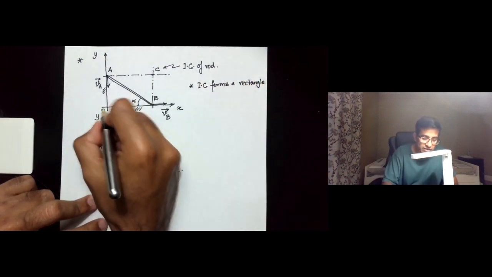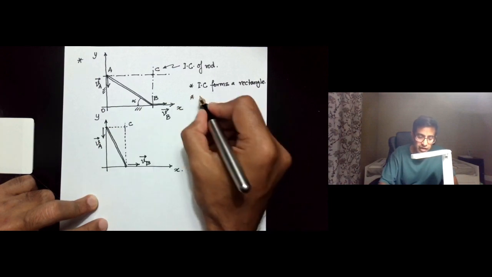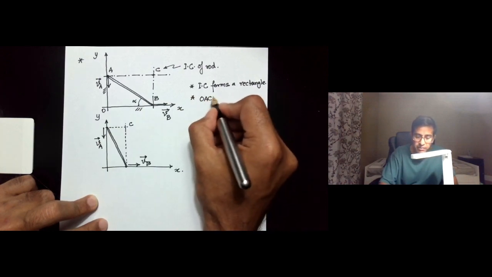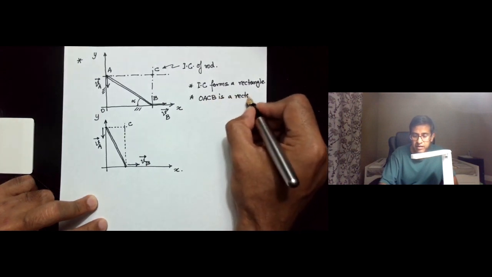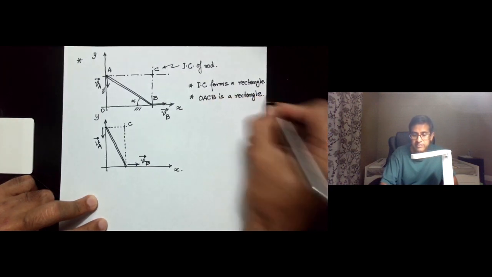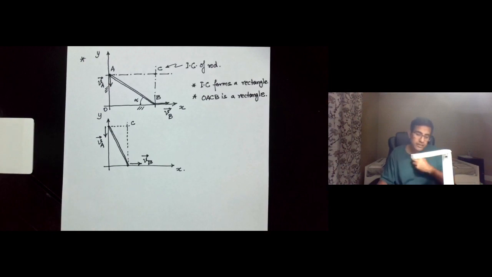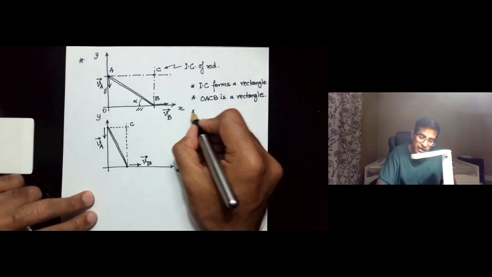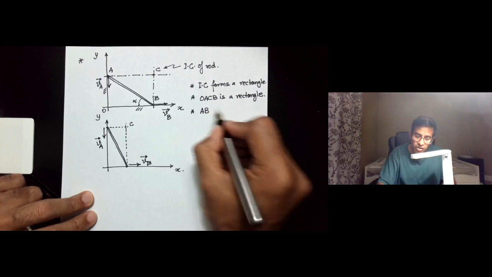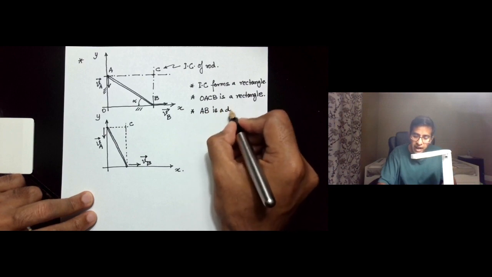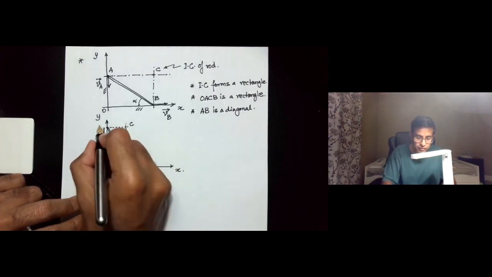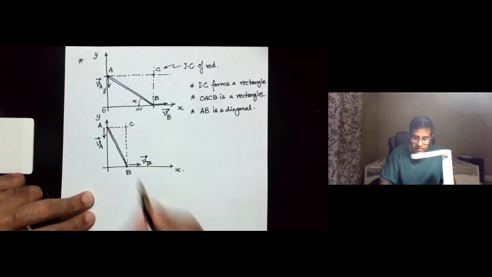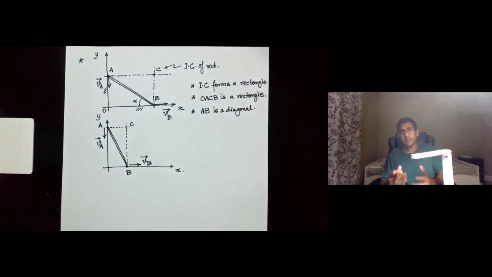So if I consider the origin as O, OACB is a rectangle, right? And AB, which is the rod, is a diagonal. And this is going to be true at any instant. It's only that the shape of the rectangle is changing as the rod is sliding down.